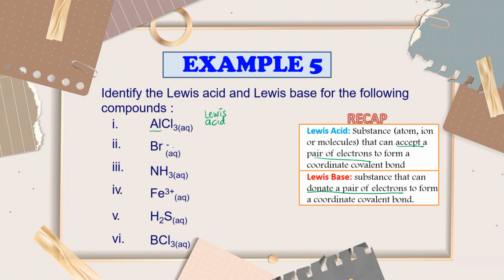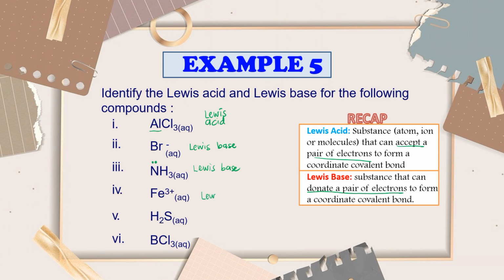Next, Br minus is rich in electrons, so it can donate. So this is a Lewis base. NH3 has a lone pair on the nitrogen atom, so it is an electron-rich species. This is a Lewis base. Next, Fe3 plus is an electron-deficient species, with fewer electrons, and can accept a pair of electrons.